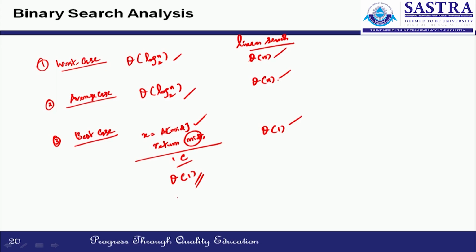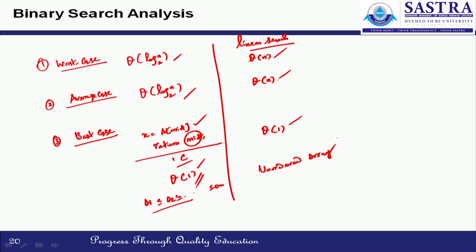Here in the binary search, if the searching element is available at the mid location in the array, then the best case occurs. The only requirement is that the array elements must be in sorted order, a1 less than or equal to a2 less than or equal to, etc., an, whereas in the linear search the input array is an unordered array of entries.